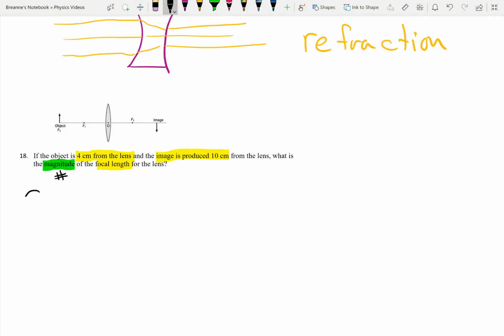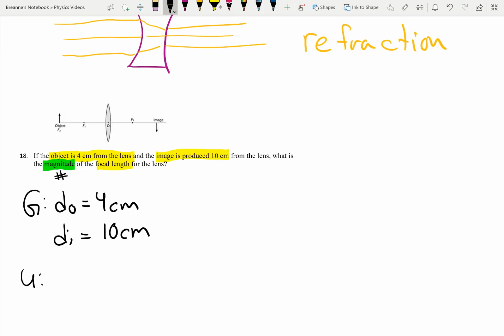So let's write out our givens. The object, oops, I forgot to highlight object. The distance of the object is 4 centimeters. Our distance of the image is 10 centimeters.